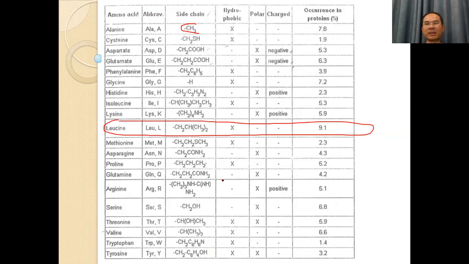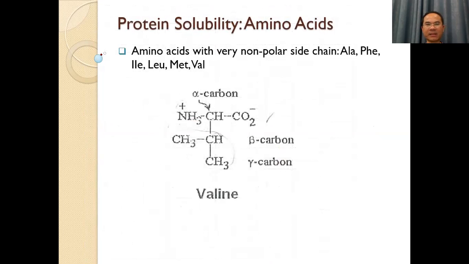We can group the kinds of amino acids in this slide. The first kind is amino acids with a non-polar side chain, like alanine, phenylalanine, isoleucine, leucine, methionine, and valine. For example, valine has a non-polar side chain.